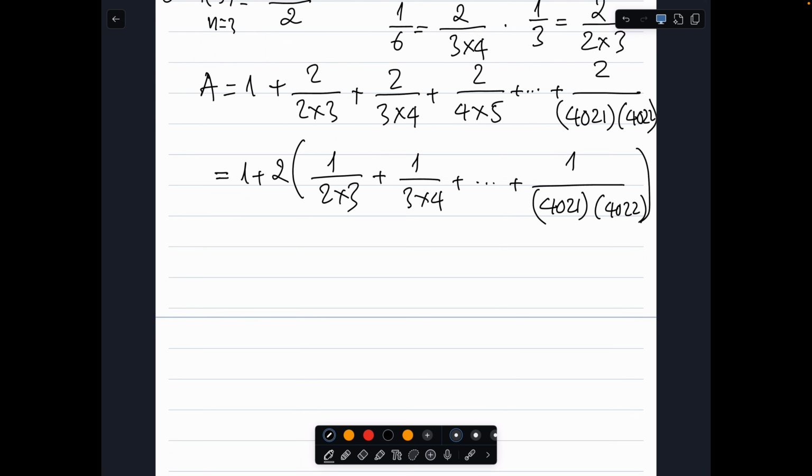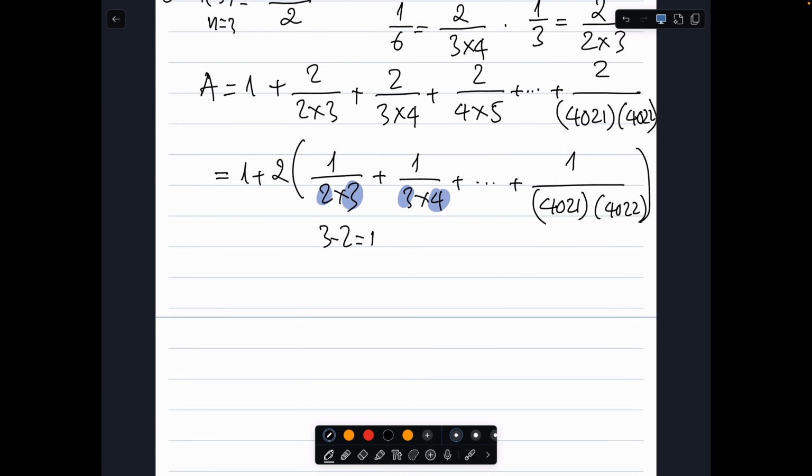So what's the point of doing all of this? The point is that now if you look at this guy and this guy, this guy and this guy, what is special about them? Their difference is 1.